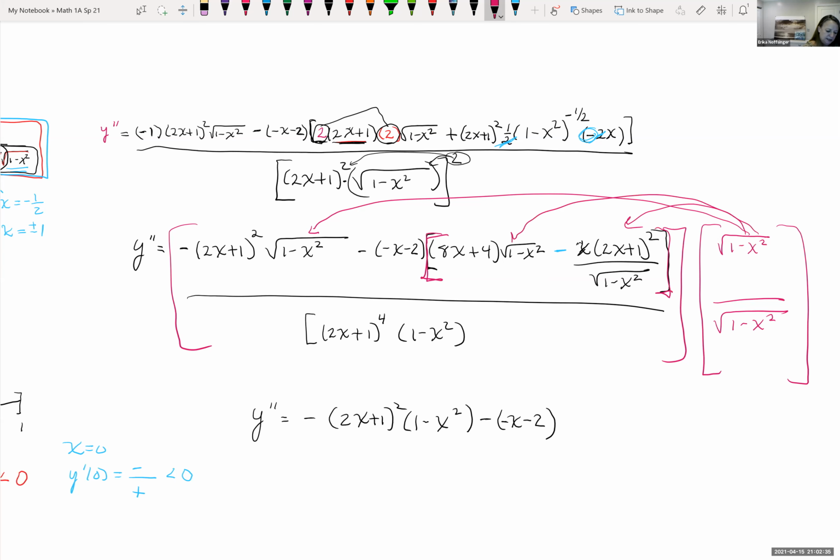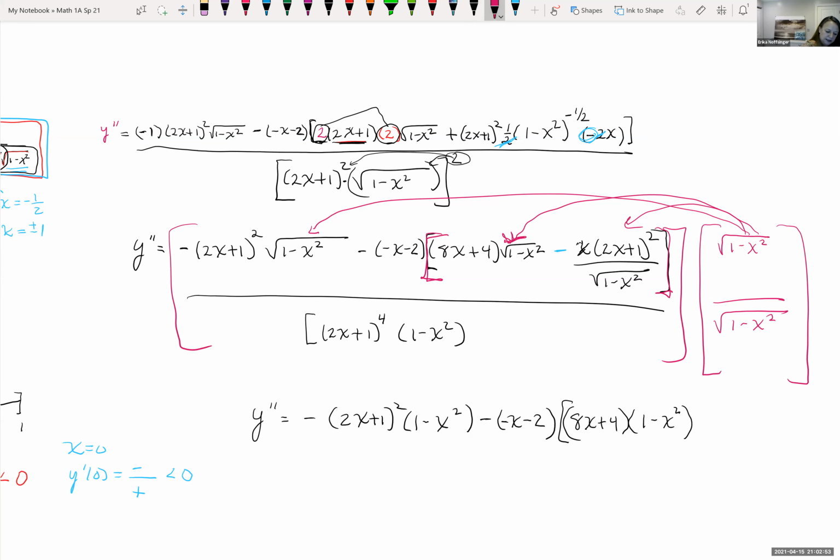And when I distribute it to this piece right here, I am left with my 8x plus 4. But again, the square roots go away. And so I would just be left with 1 minus x squared in parentheses.